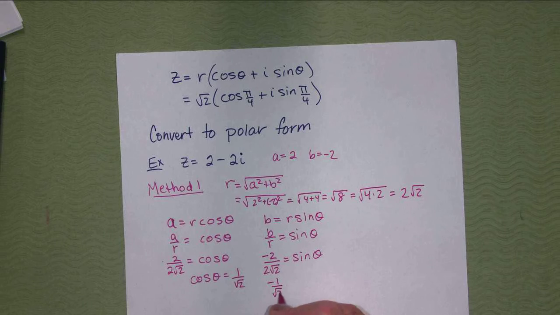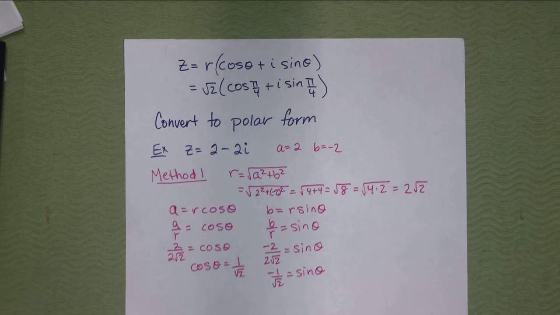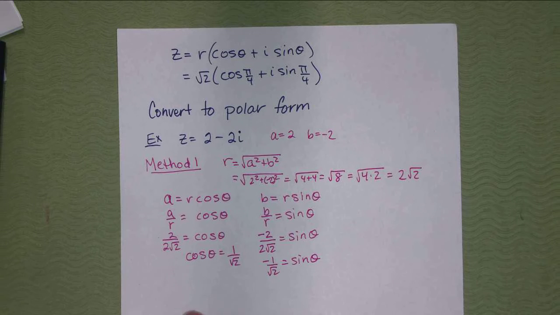Okay, so because we have some values memorized, these are the same values. So it's pi over 4, but what's the problem? This one's negative.